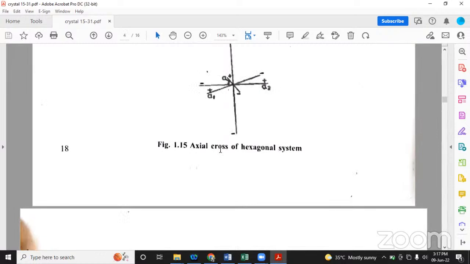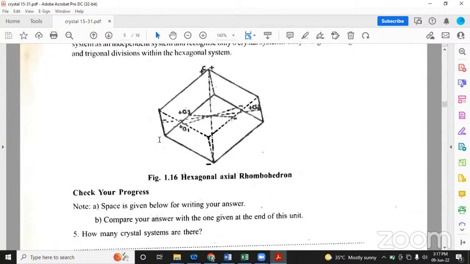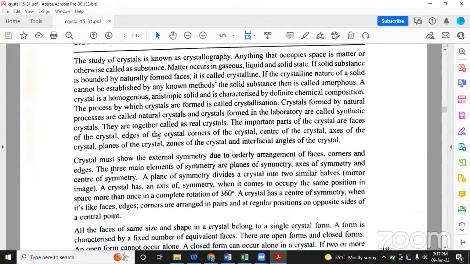But how are the number of classes divided? Based on the characteristic of symmetry elements. Isometric symmetry has 4 axes of 3-fold symmetry, whereas tetragonal has a unique 4-fold axis.